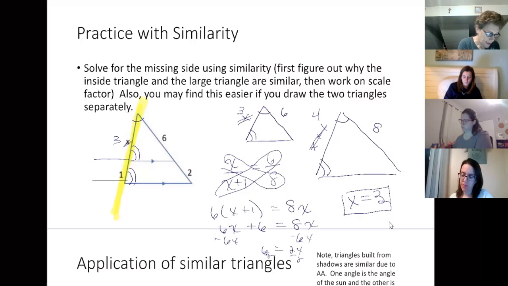What I'm seeing is that we have 3, 6, and 4, and 8. When I look at where my cross products were, I can easily see that 3 is to 4, just like 6 is to 8. So they are both equivalent fractions. In that case, my scale factor equals 3/4.